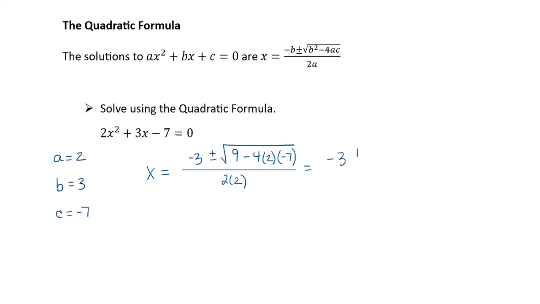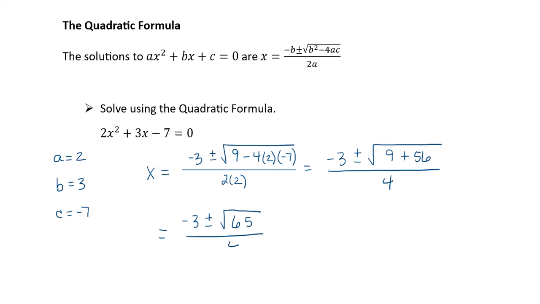rest is simplifying. Negative 3 plus or minus the square root of 9 plus 56 all over 4. We can keep on going. Negative 3 plus or minus the square root of 65 all over 4.